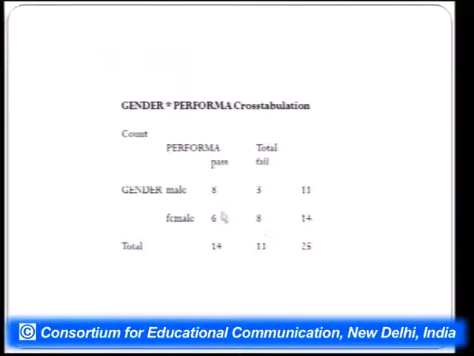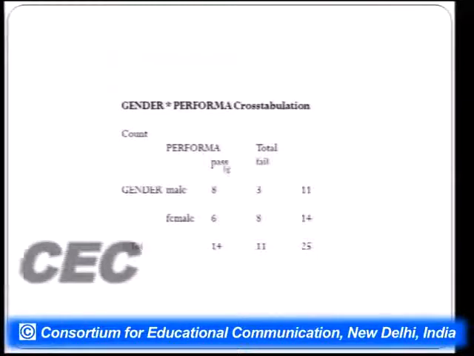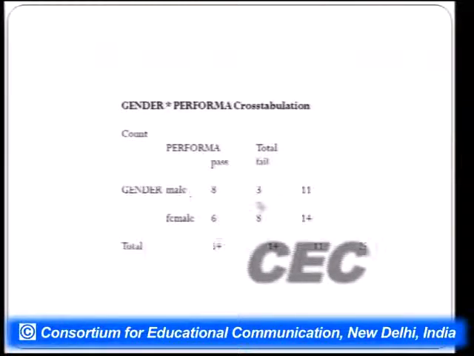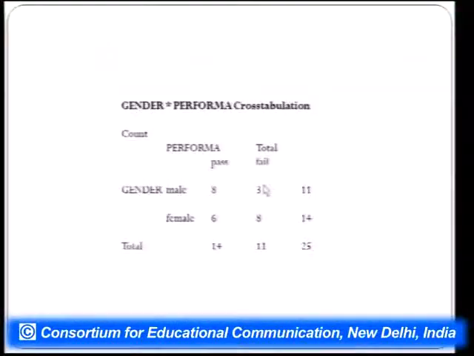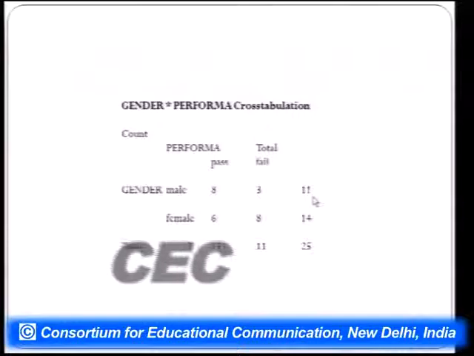So we have to first do a cross tabulation to find out how many of the combined categories are there. When we did a cross tabulation of these 25 people, we found that 8 males passed, however 3 males failed, and out of 14 females, 6 females passed but 8 females failed. So just looking at the table, it gives some idea that the pass percentage in male was higher, 8 out of 11 passed.